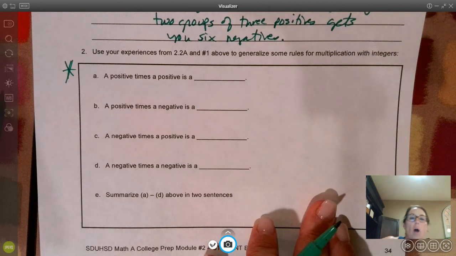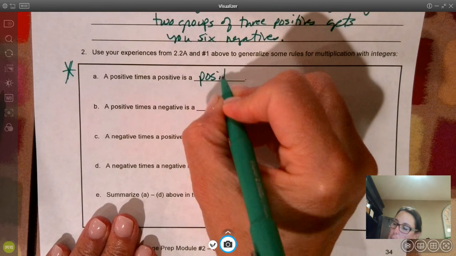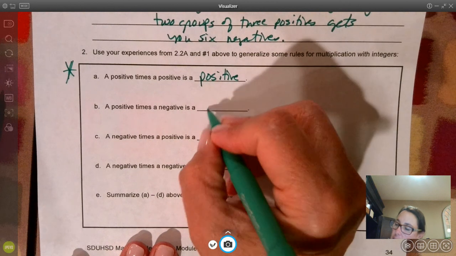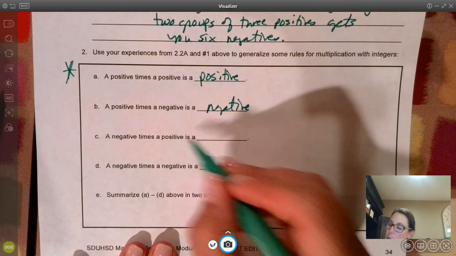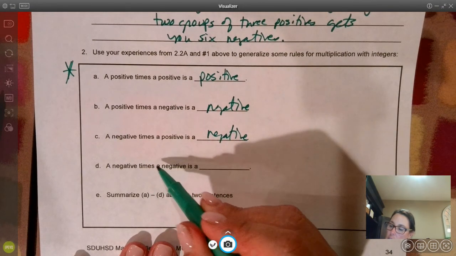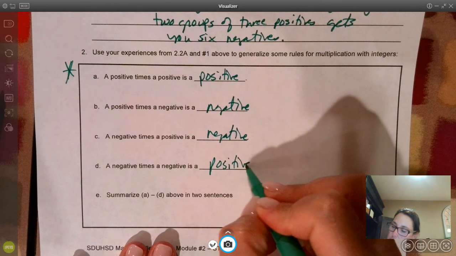A positive times a positive is a positive. A positive times a negative is a negative. A negative times a positive is a negative. A negative times a negative is a positive.